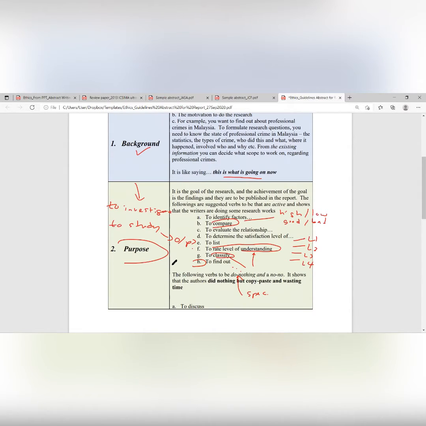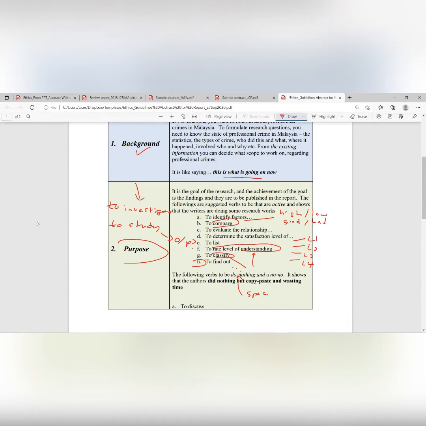Let's say that we're talking about the crime, right? Talking about the crime, we want to know the professionals. Let's say the engineer, the lawyer, the architect, and then the accountant. So we want to find out what types of crime are being committed by these professions and so on.